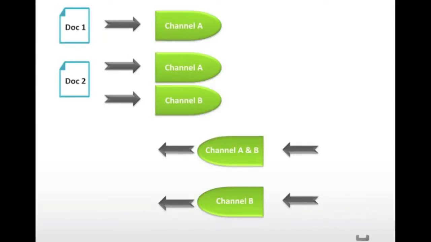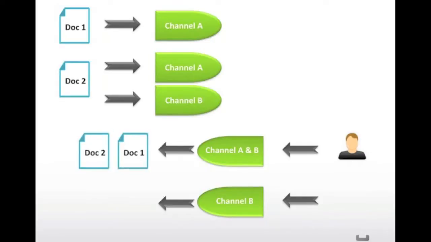You've got documents, and they flow onto one or more channels. So document 1 here belongs to channel A, but the sync function thinks that document 2 can go on both channel A and channel B. Now the way that access control works is that users get access to different channels depending on the permissions associated with their user account.